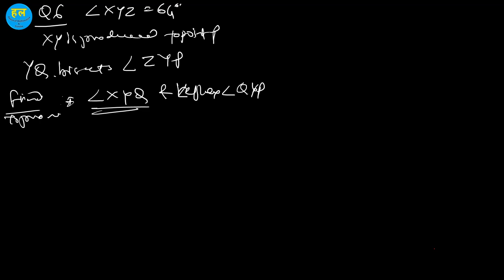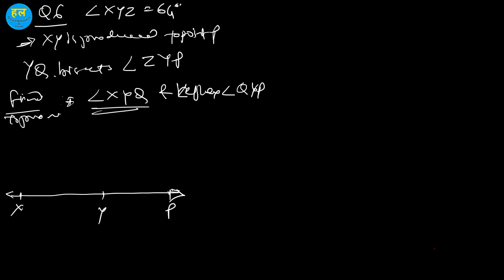It is given that XY is produced to point P. That means XY is a line that is produced to point P. We take XY, produced to point P. Then what is given? XYZ is 64 and YQ bisects ZYP.